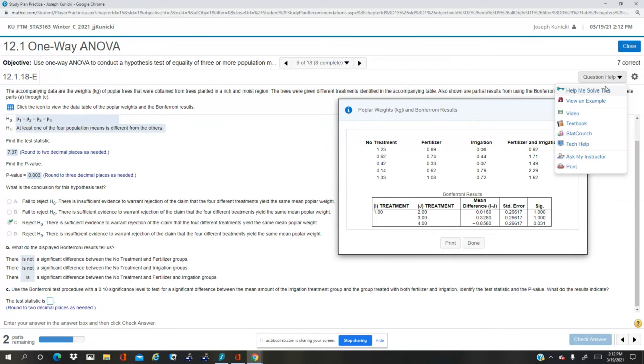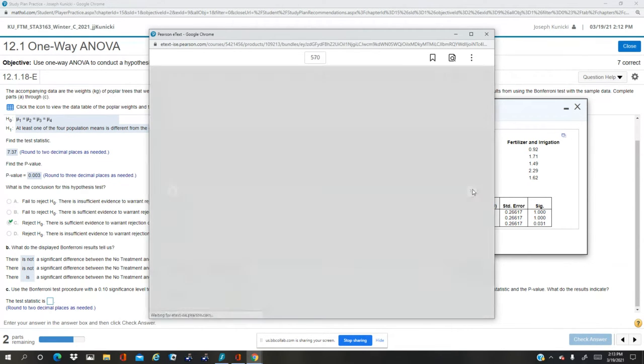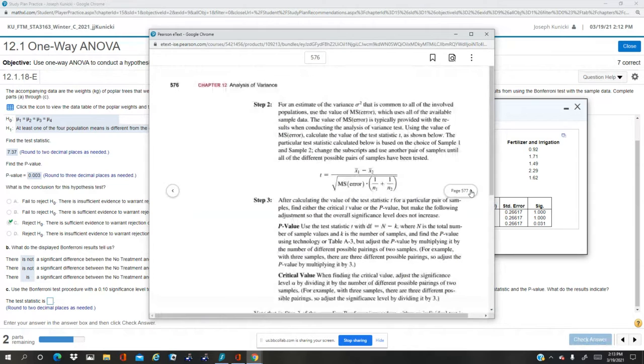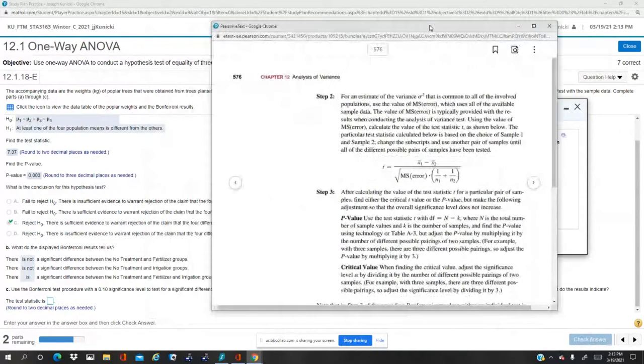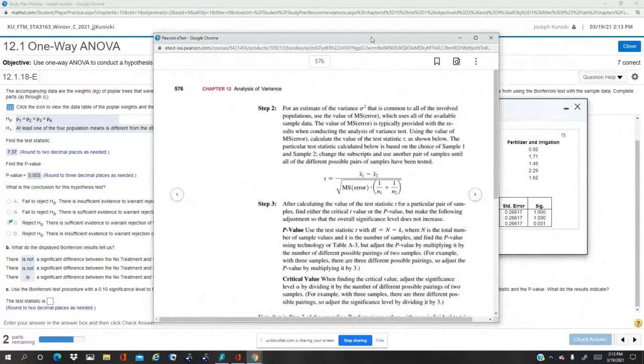So let's do that. Yeah, 568. So we want page 577. And there it is. But see, it says X1 bar, X2 bar. That's the generic. We're going to do X3 bar and X4 bar.